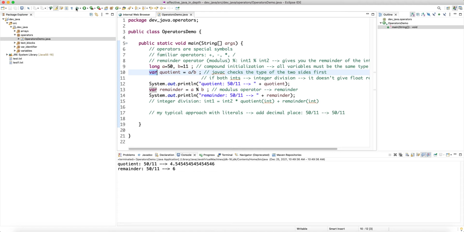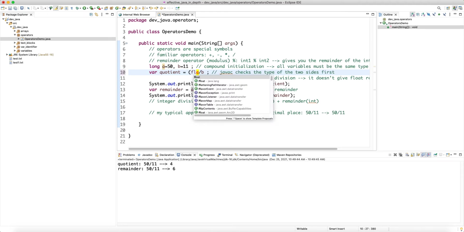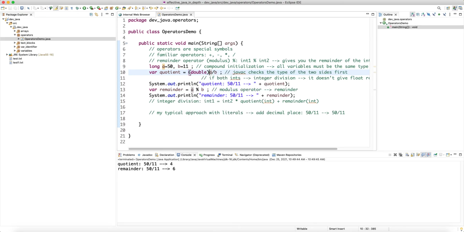But the good thing here is that var helps to some extent, because now if I just convert one of these explicitly to double, then I get the result. And note that casting has higher precedence over division, which means when I say double a over b, so let's try this.